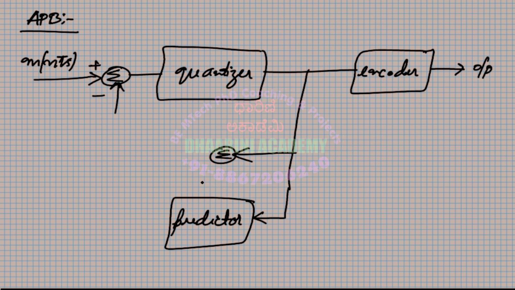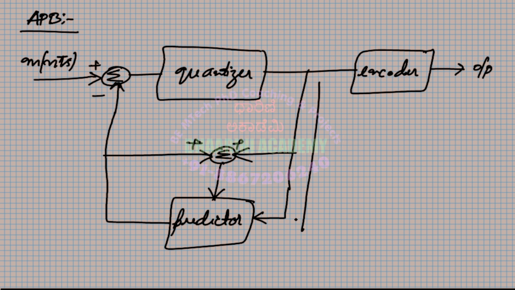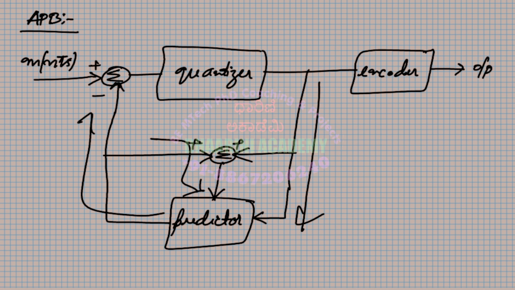So we have the output of the predictor that is going to this, and it comes to this, and that gives you an input to this. So the predictor takes two inputs once again. Both are coming, one from this side, one from this side. Then it will be fed back as input.